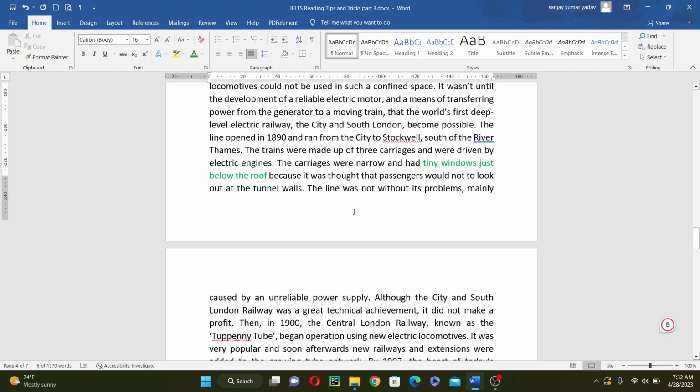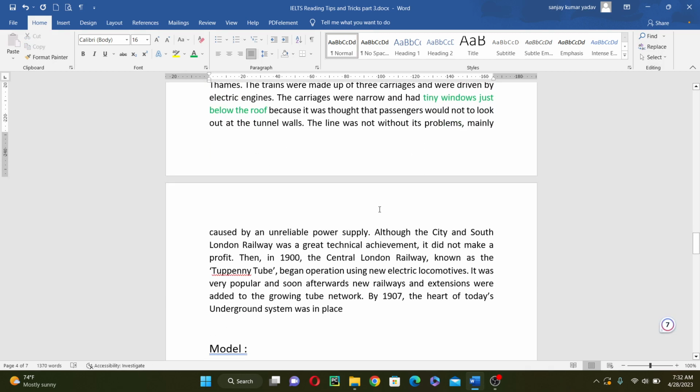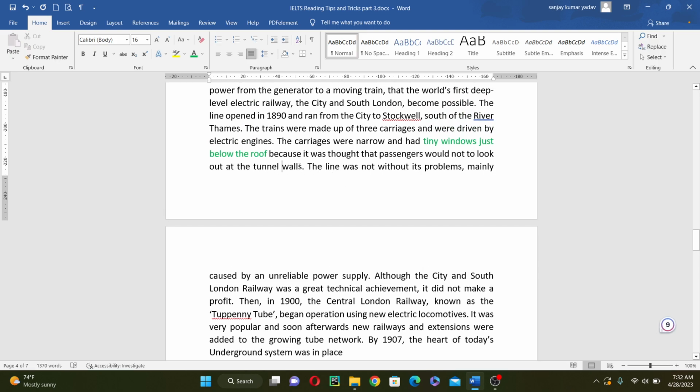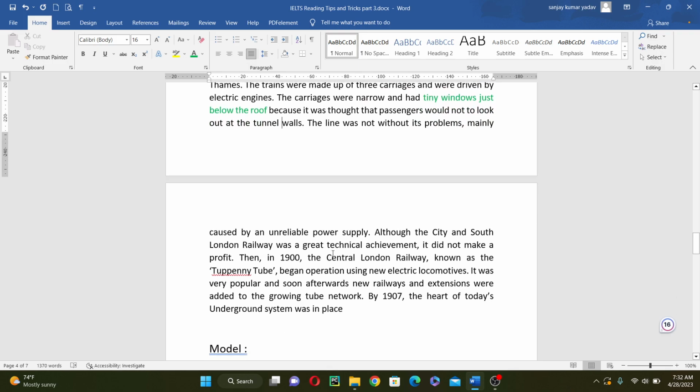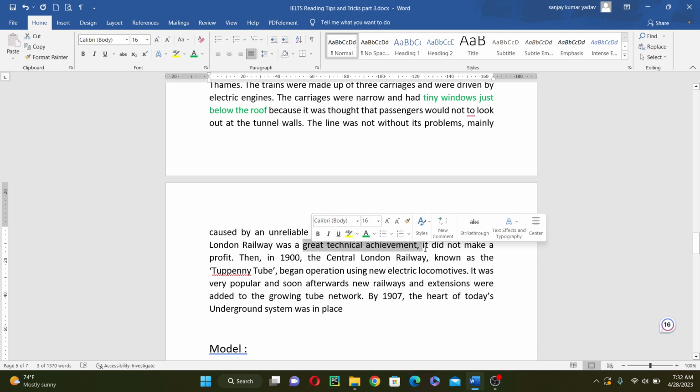Now let's look at this. Actually, what was the success? The line was not without its problems, mainly caused by an unreliable power supply. Although the City and South London Railway was a great technical achievement, it was not financial, and it did not make a profit. It did not make a profit means what? It's not financial.